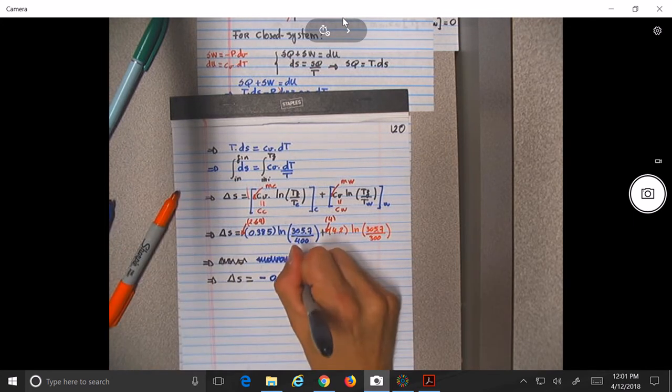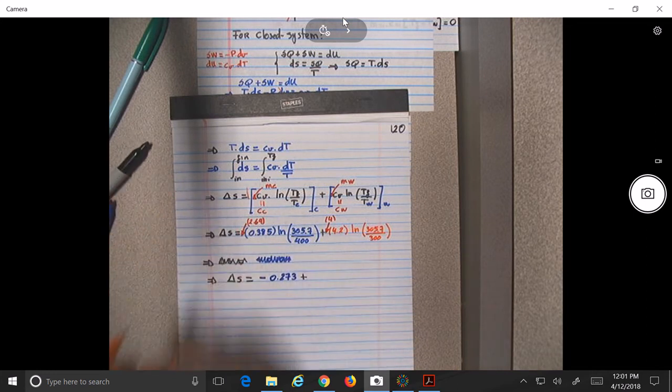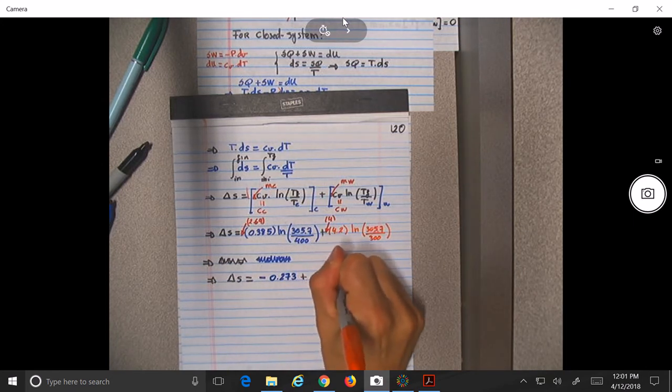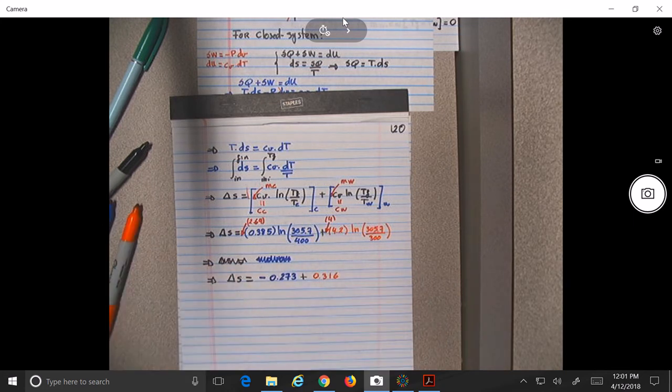And now the next one should be a positive value. 0.316. Okay, so let's stop over here because really the magnitude of the numbers we couldn't care less, okay? To be honest with you, it's not that important.